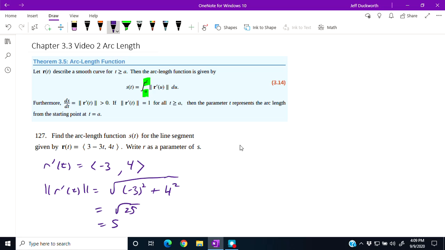So what we know is that we have this function s of t. This is going to equal the integral from 0 to t of that magnitude 5. And then we're going to take that integral.